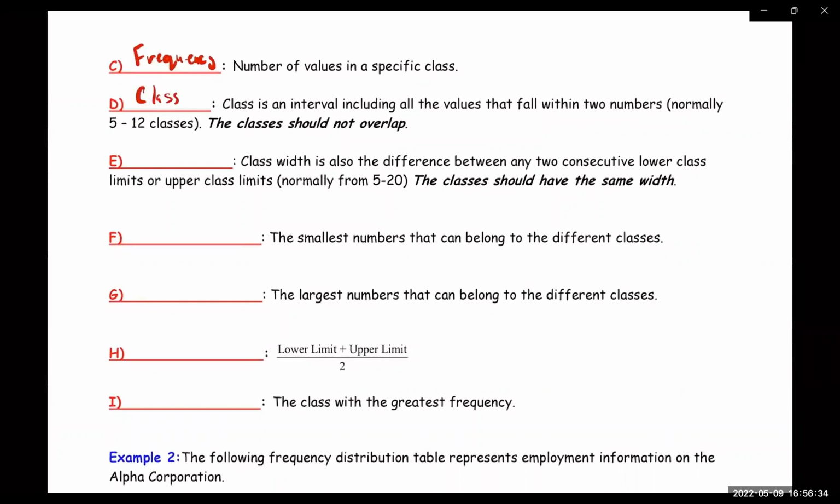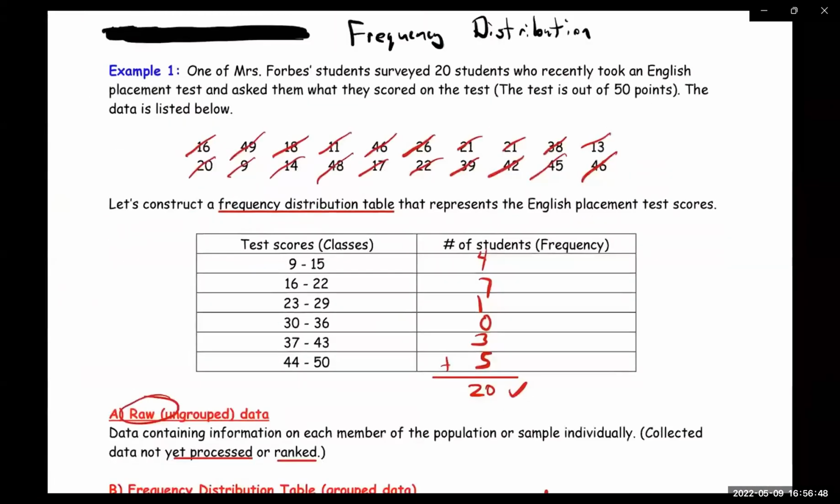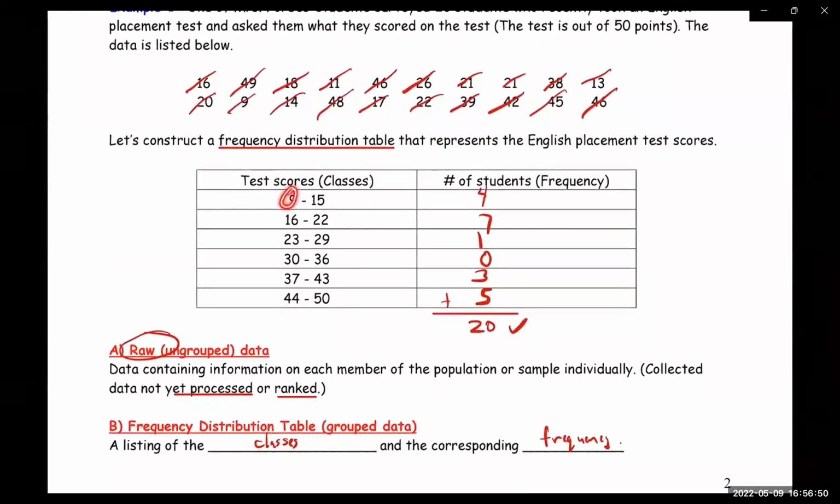All right. Class width is also the difference between any two consecutive lower class limits or upper class limits. So the class width would be, for example, see how it goes from 9 to 16. The difference between those two numbers is the class width.